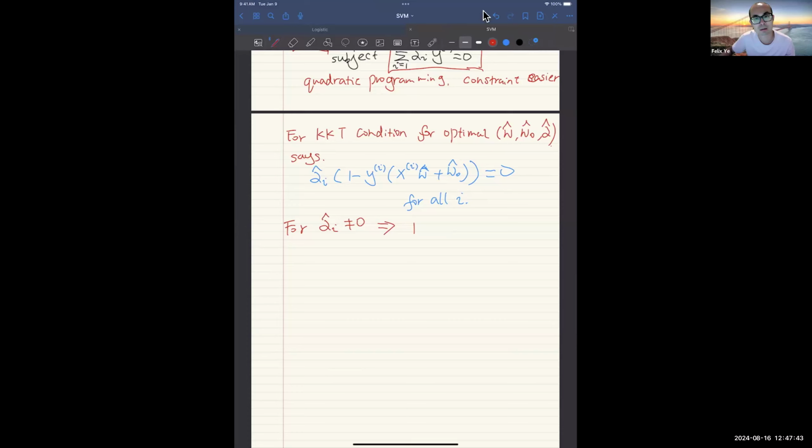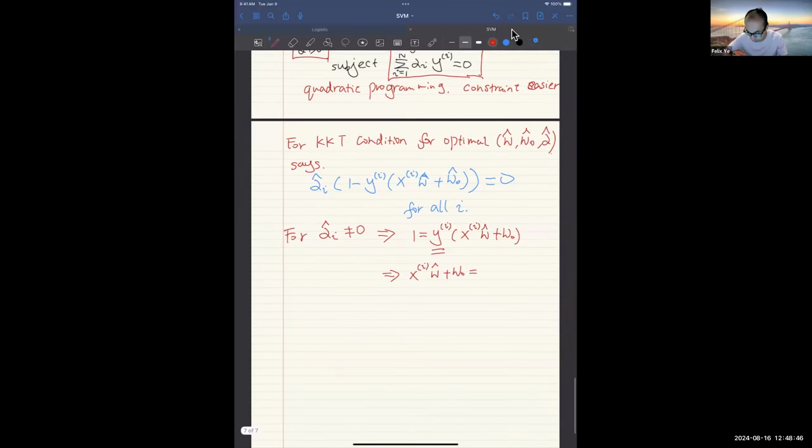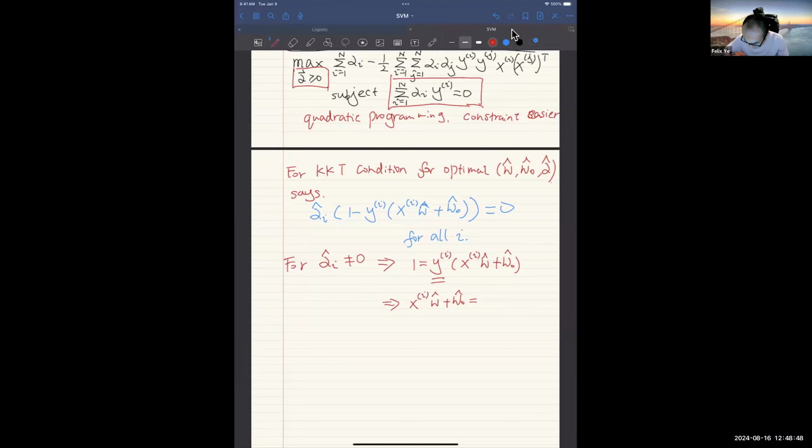Yeah, I mean, for all the alpha i hat not equal to 0, that means this thing has to be equal to 0. And more precisely, this has to be equal to 1 precisely. But we know this yi is either +1 or -1. That indicates x of i w hat plus w0 is equal to either +1 or -1.